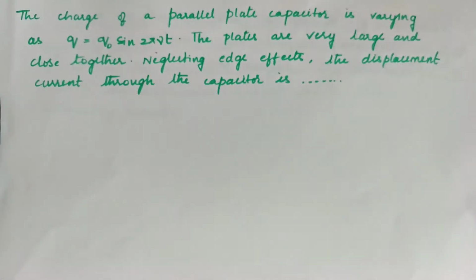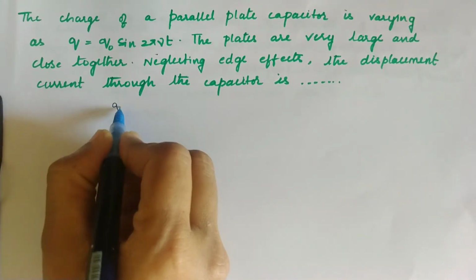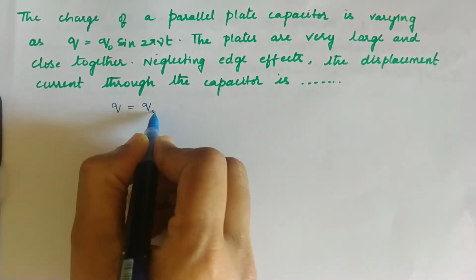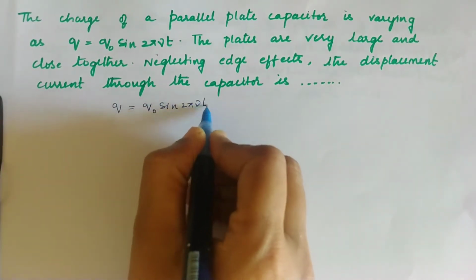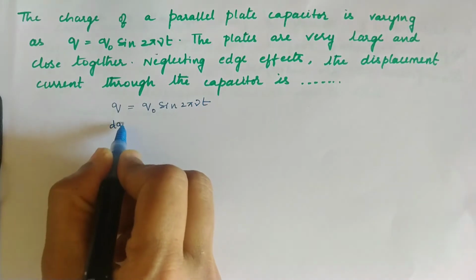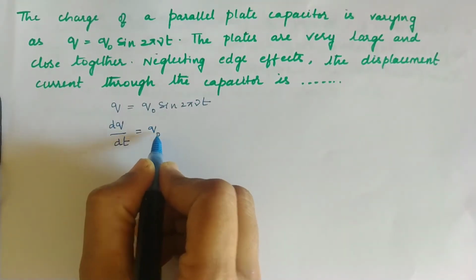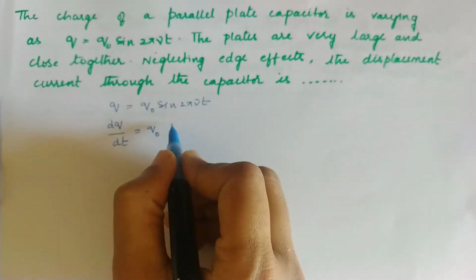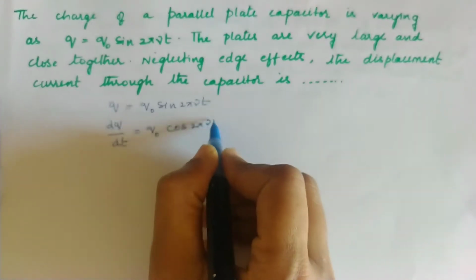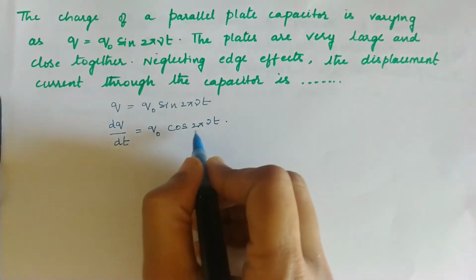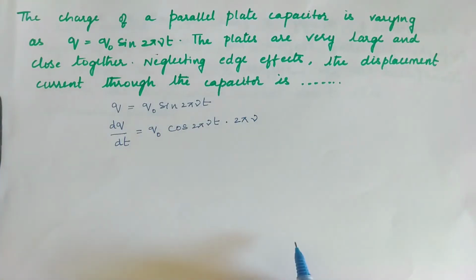So differentiate this relation. What is dq by dt? Since q is given as q naught sine 2 pi nu into t, dq by dt will give you the current. Q naught is constant. Differential of sine 2 pi nu t, we'll write it as cos 2 pi nu t into differential of omega t, I'll write it as 2 pi nu.